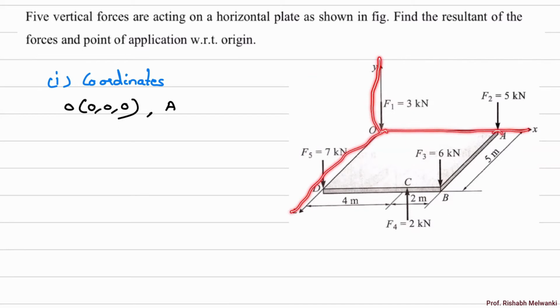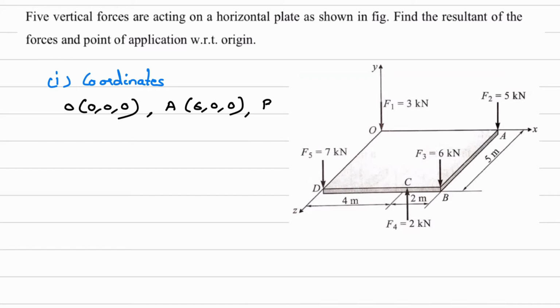So point A is there on the x-axis. So x will be how much? It will be 6. Y is 0 and z is also 0. So A will be 6, 0, 0.